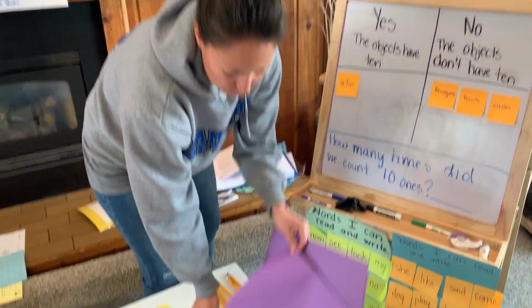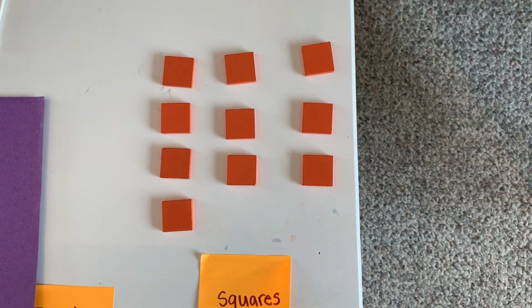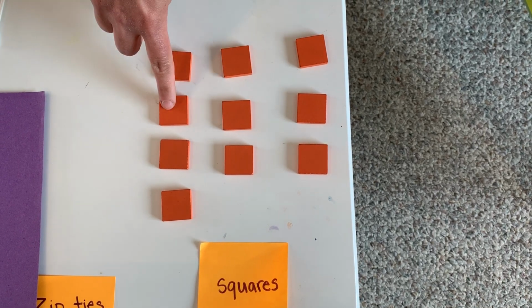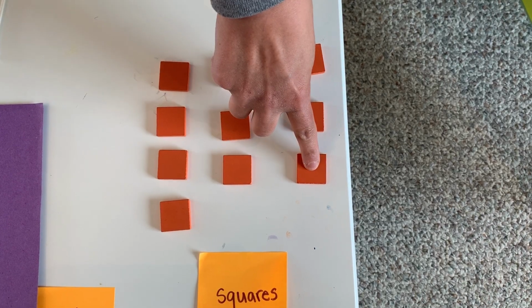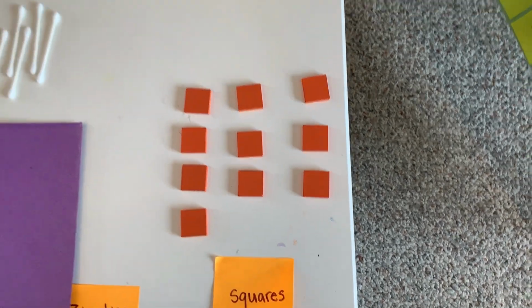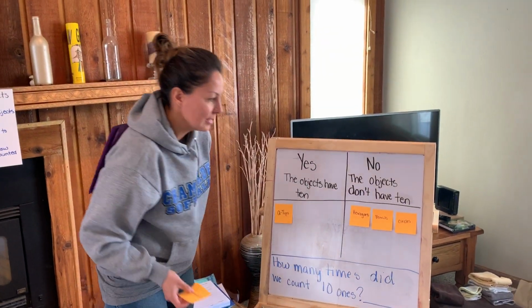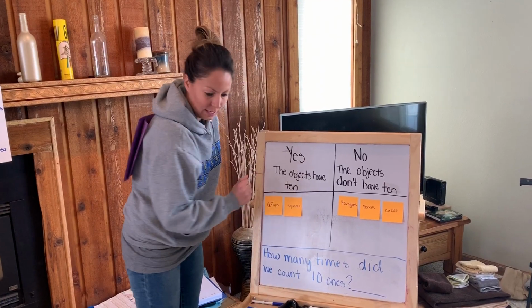All right, here's my next one. It is squares. Go ahead and I will point to them. Did our squares have 10 or less than 10? I got 10, so I'm going to put my sticky note there.